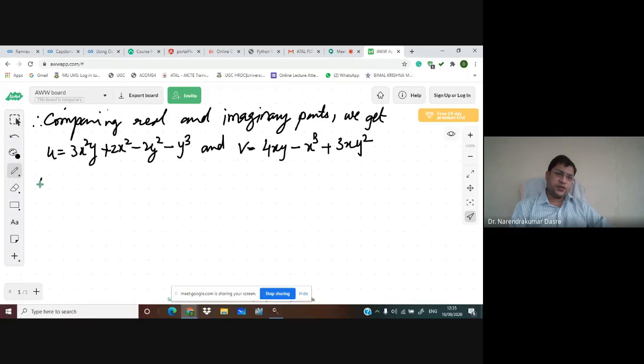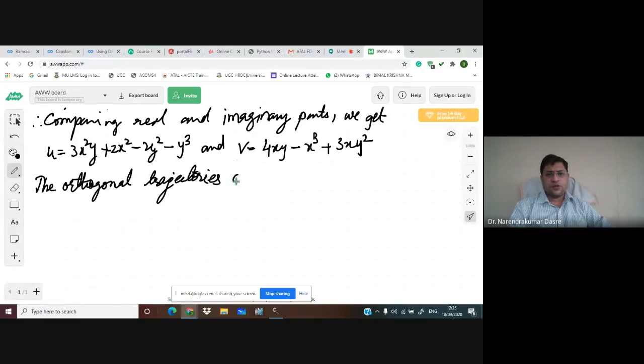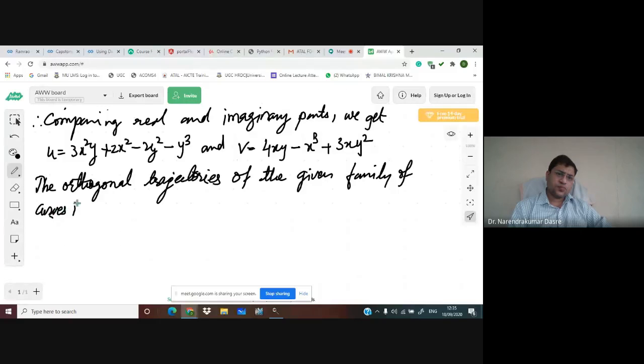And hence what we can say is the orthogonal trajectories of the given family of curves will be 4xy minus x cube plus 3xy square equal to another constant.